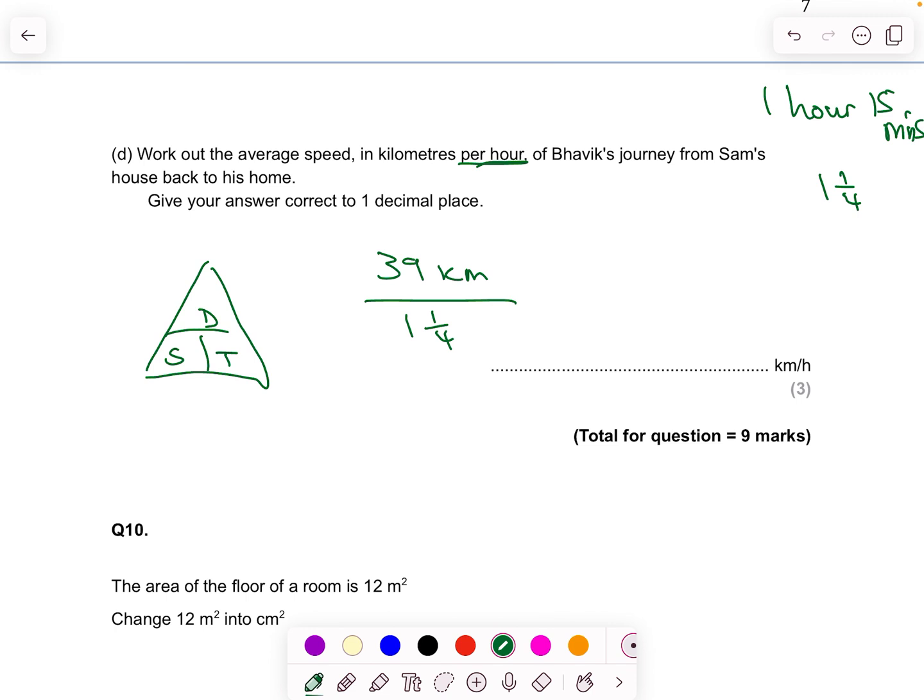You need to turn those 15 minutes into a decimal or a fraction, which is a quarter of an hour. So grab your calculator, and we're going to do 39 divided by 1.25, which gives us 31.2 kilometres per hour.